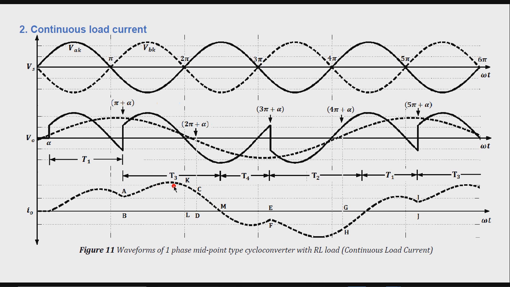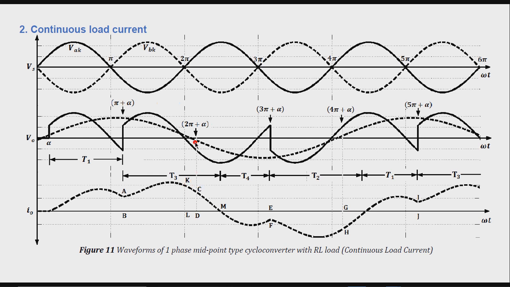So at the end of the two positive half cycles of output voltage, the load current is beyond KL.